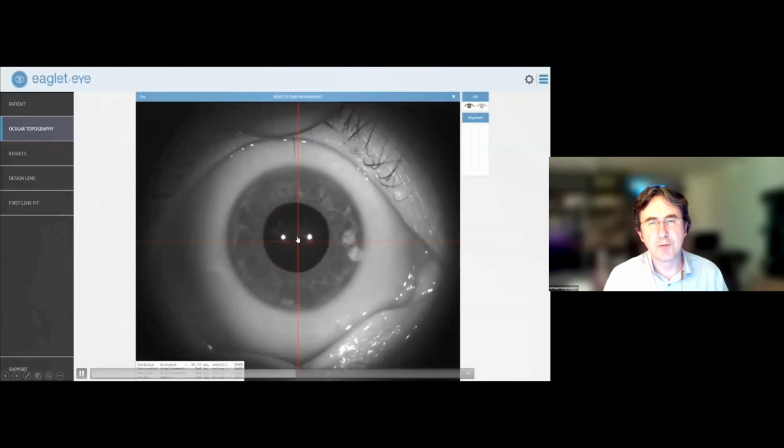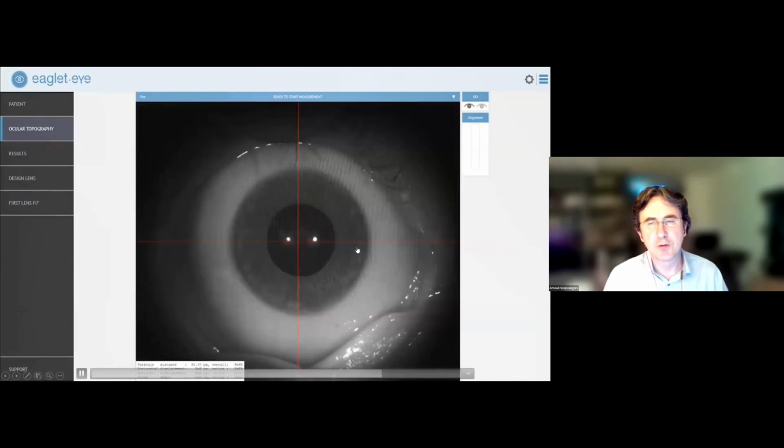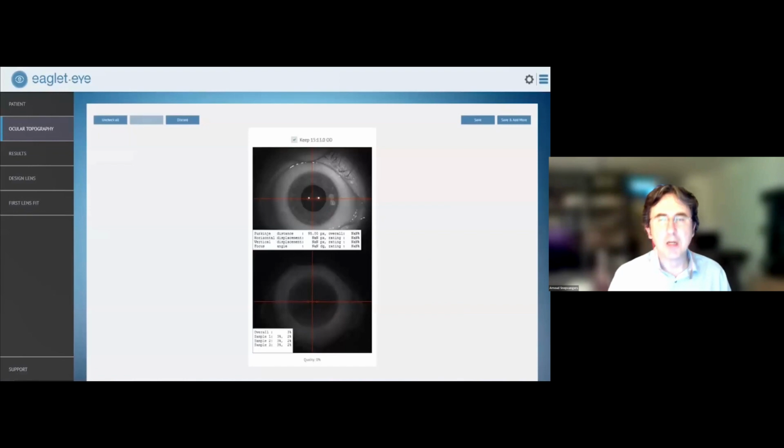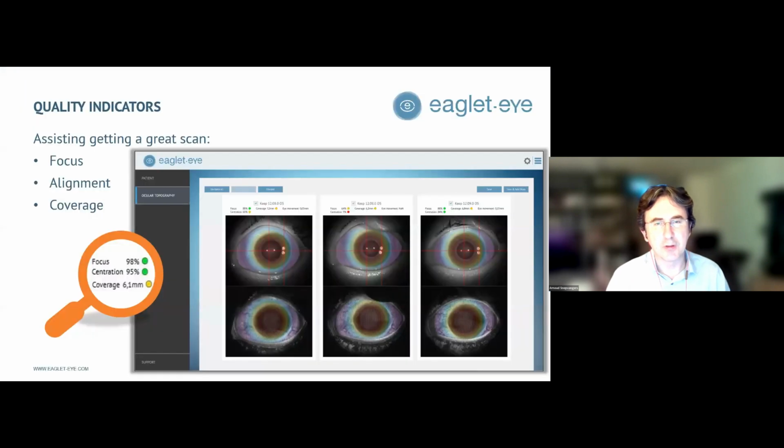You need to focus the red cross here and get those 2 dots aligned, and you hit fire. And within a few milliseconds, you have your image, indicating that eye movement is almost no problem for this device. You can really measure highly fluctuating eyes as well.